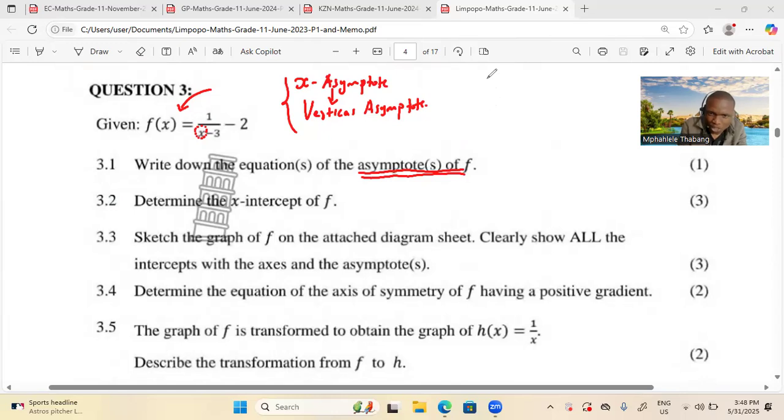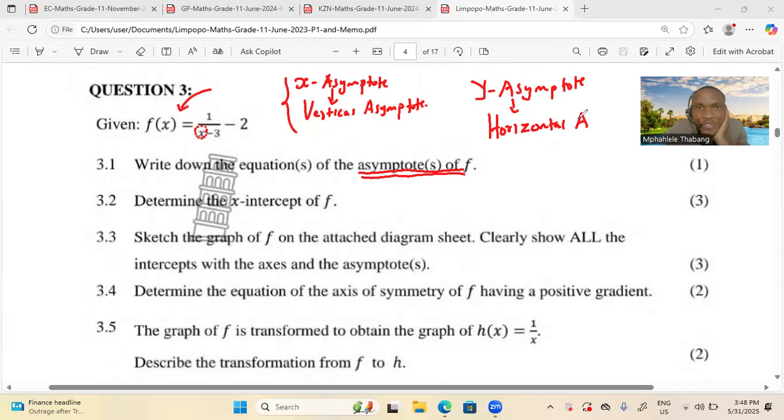Another asymptote is the y asymptote, which is a horizontal asymptote. So we have to find the equation of these two asymptotes, the x asymptote and the y asymptote.